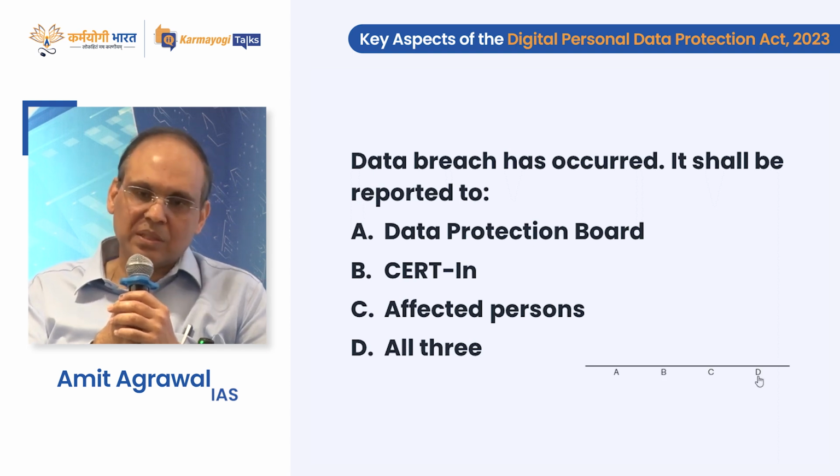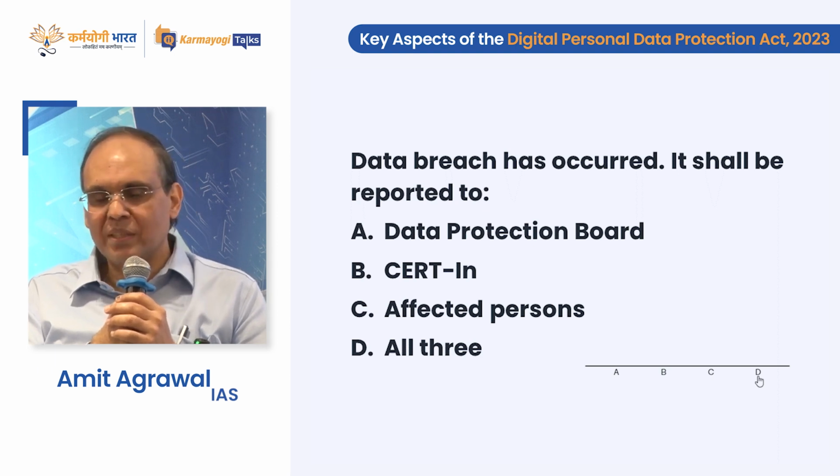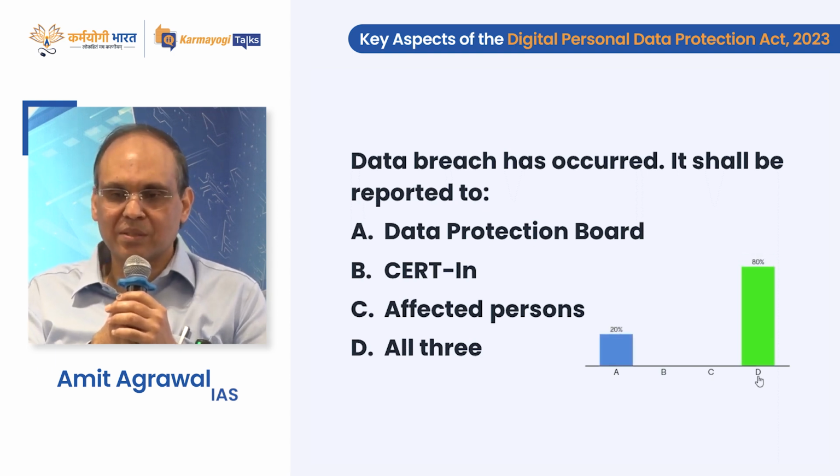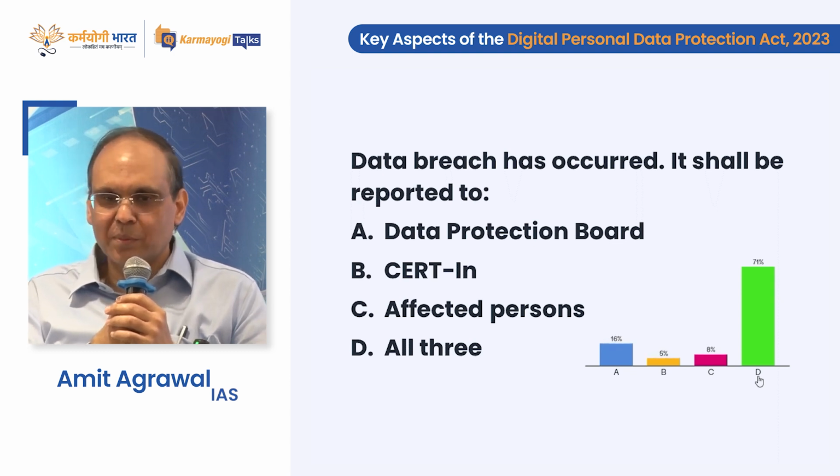Yeah, so the next is, a data breach has occurred. Now, who should it be reported to? The Data Protection Board of India, certain affected persons, all three. Okay, so right answer, almost everybody got that. It has to be reported to all three.